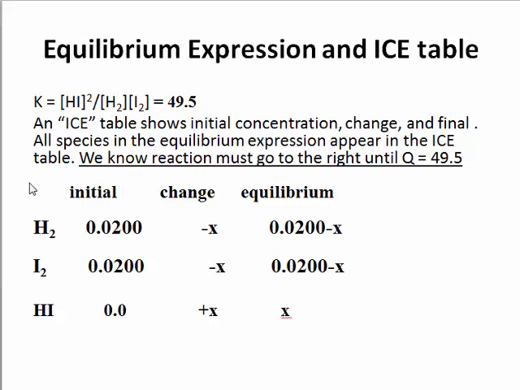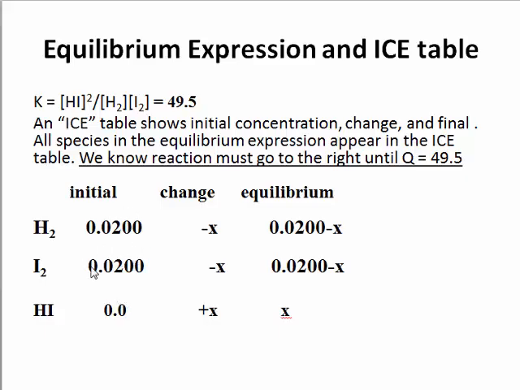Those would be H2, I2, and HI. Further, we know the initial concentrations of each because the problem tells us so. If we divide moles by liters, we find that the concentrations of H2 and I2 are each 0.02, and there is no HI present.